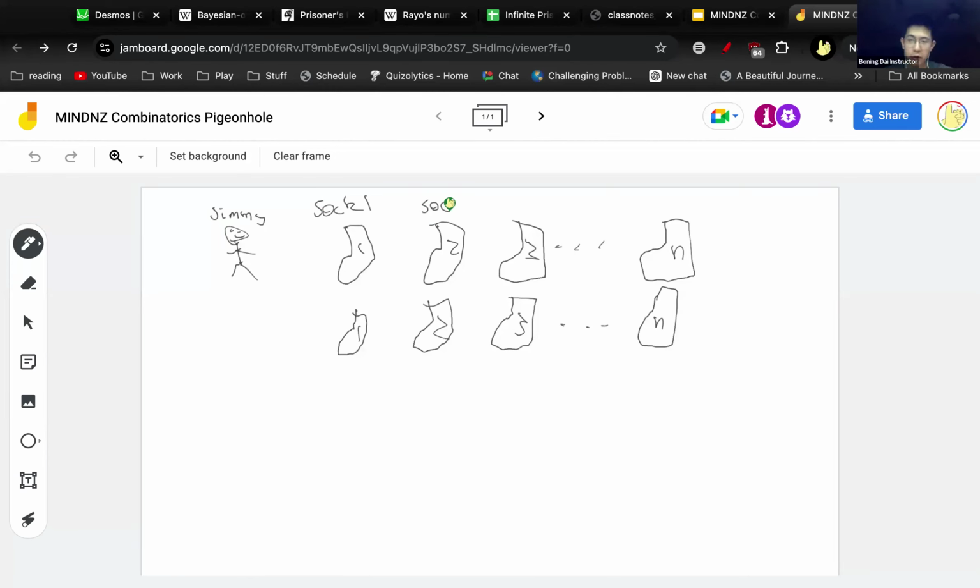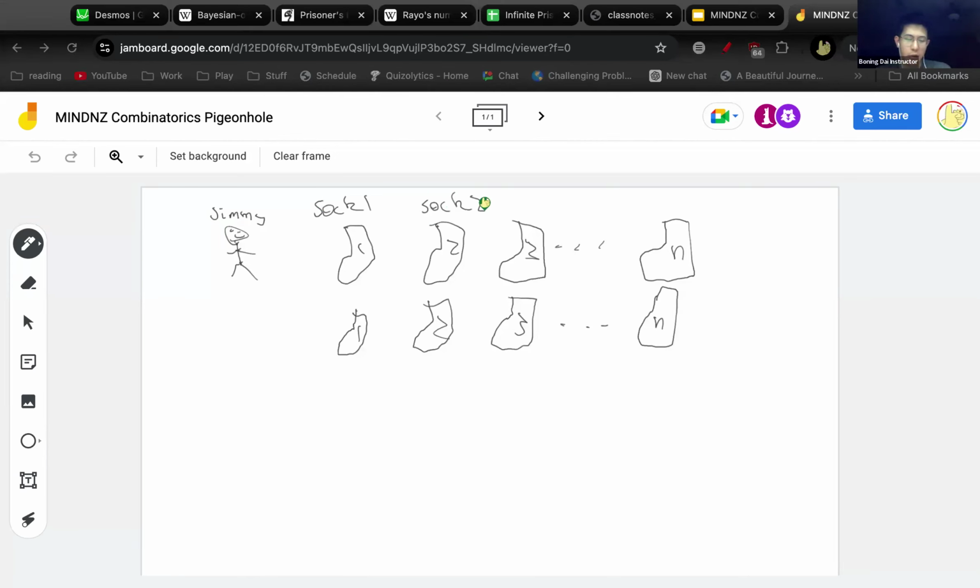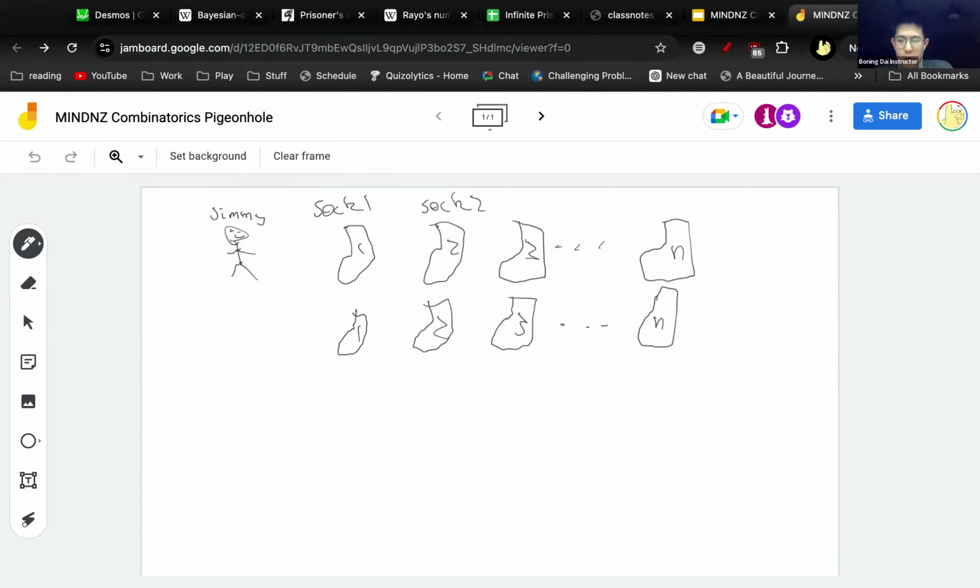Exactly. The socks are the items that we are placing into boxes. And what are the, I'll just call them categories from now on, what are the different categories?